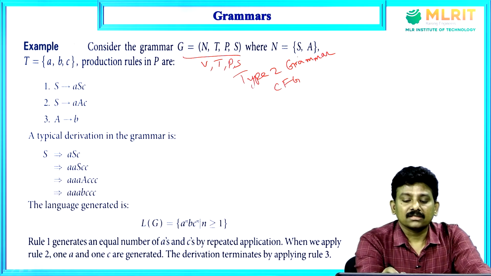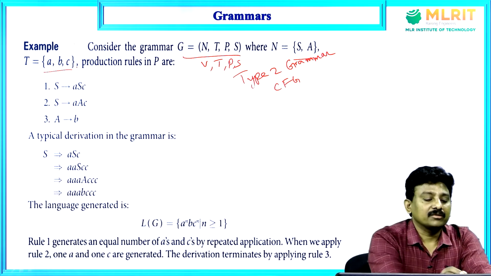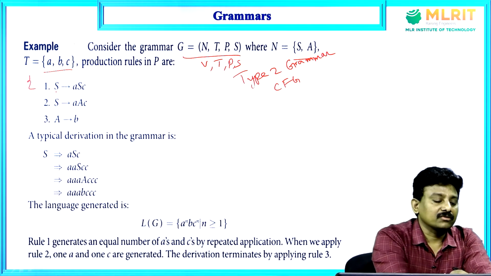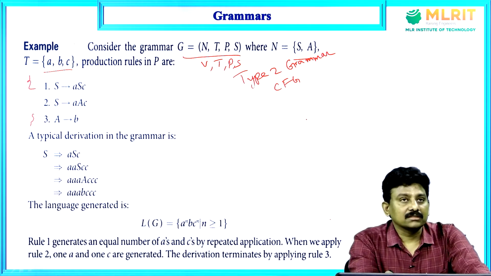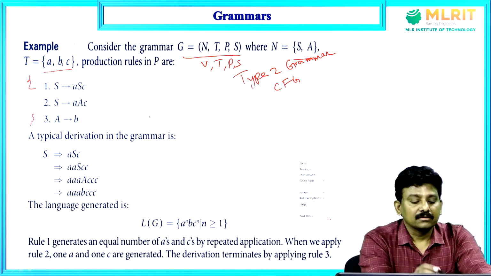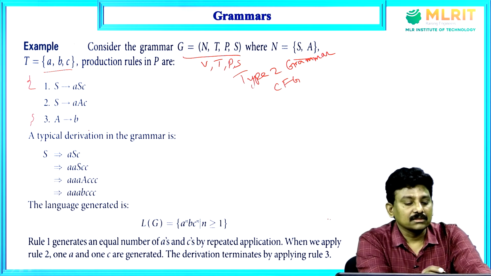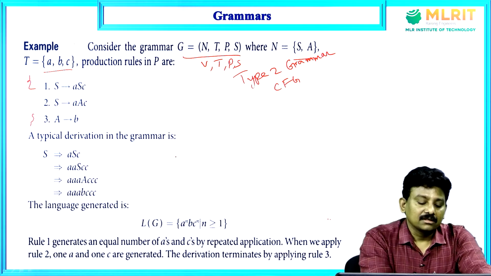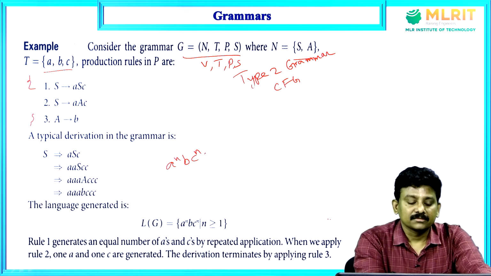Non-terminals are S and A, terminal symbols are a, b, c. The productions are S derives aSc, S derives aAc, A derives b. This grammar will generate strings a power n, b, c power n, that is n number of a's followed by b followed by n number of c's.